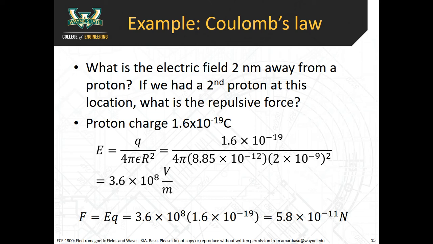Sure. Would you add them together? No. That's a fair question. But the strategy that we're using here is that one of the protons is giving off an electric field.